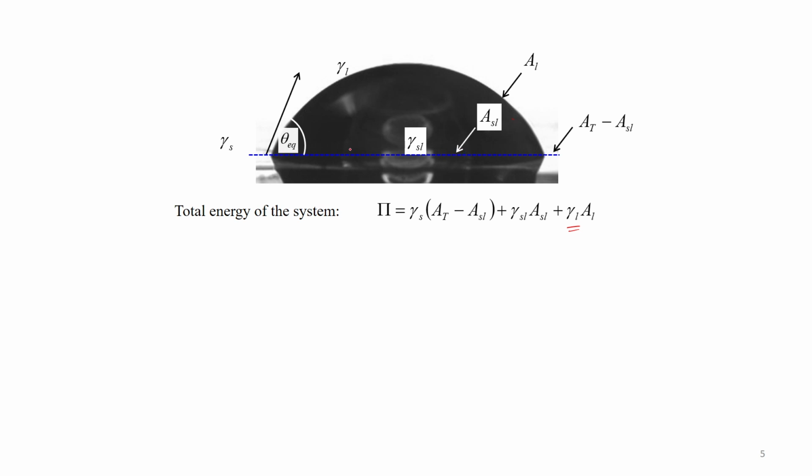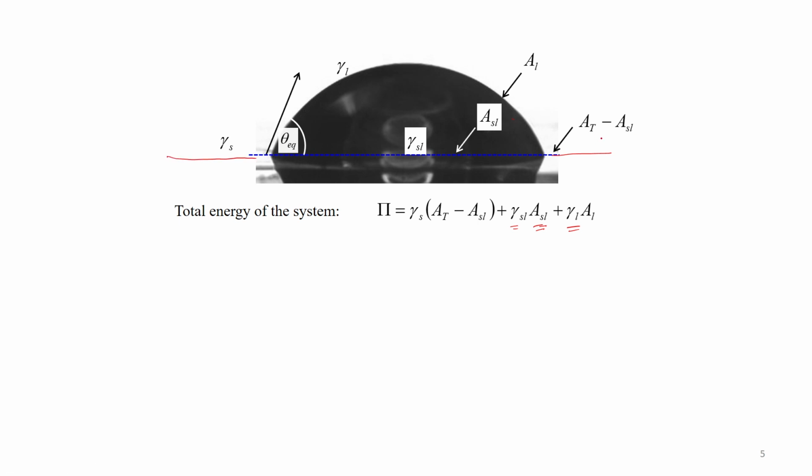That is the area of the solid covered by this liquid, and ASL multiplied by gamma SL is the interfacial energy between solid and liquid. And then you have the portion which is outside, which is the total area minus the interfacial area between the solid and liquid.